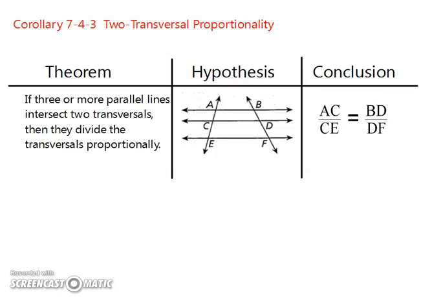Let's look at a corollary. The two transversal proportionality. If three or more parallel lines intersect two transversals, then they divide the transversals proportionally. So if we look at our diagram here, AC divided by CE is going to equal BD divided by DF.